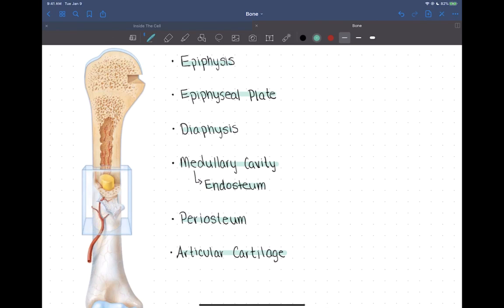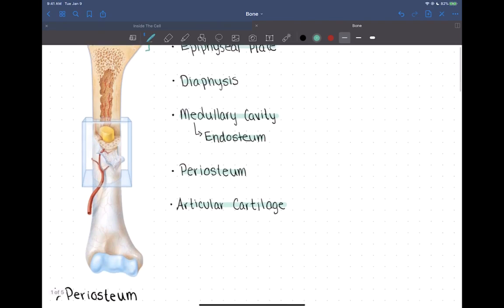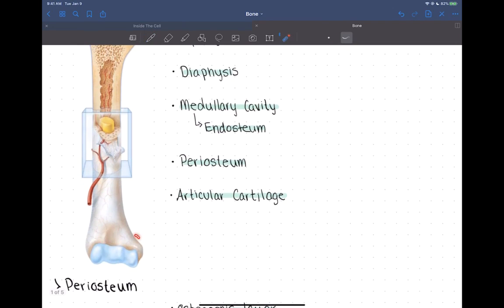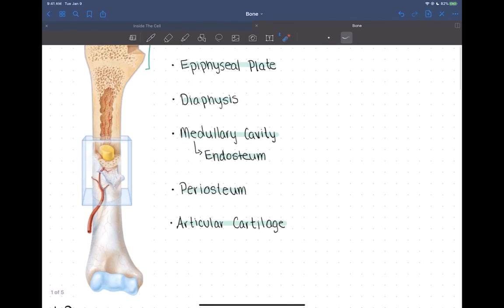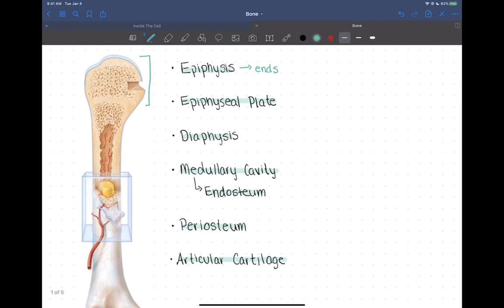First, we divide our long bones into major regions. We have the epiphysis, which is the head of the long bone, on the ends. Epiphysis is singular, so we have one there and another one here, so two epiphyses.